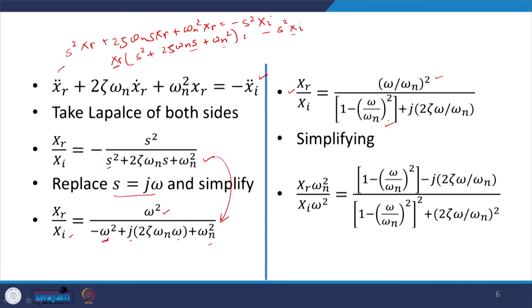So, this is what I get, plus here I am dividing by omega n square, so I will be having 2 zeta j omega by omega n. So, I reach this equation. Now, what I can do is simplify this thing. So, I take this omega this side, so I have Xi omega square, and I take this omega n square this side.